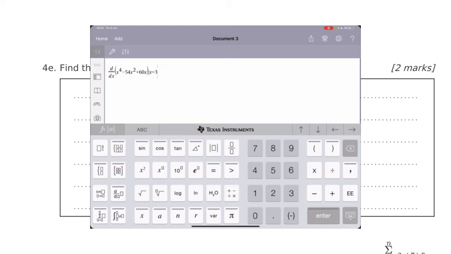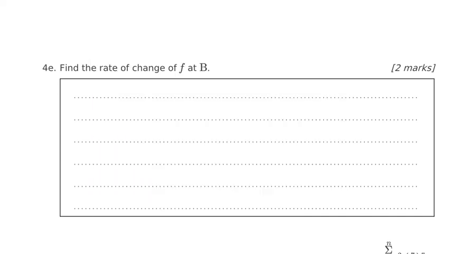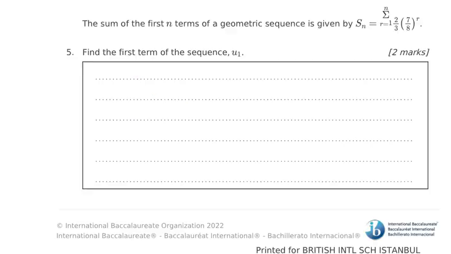Hit enter. And so our rate of change is minus 156. So f dash 3 is equal to minus 156.